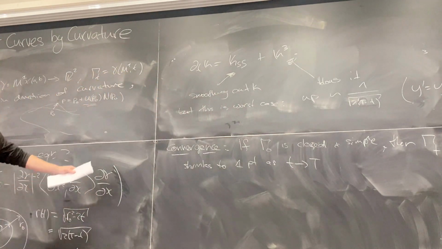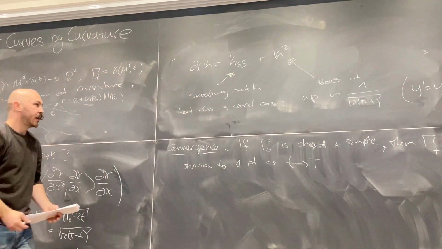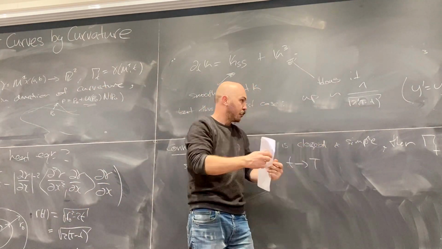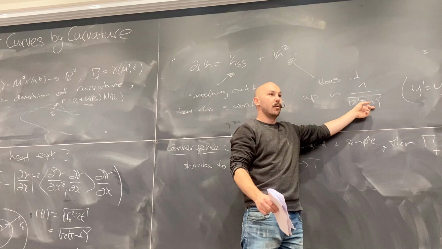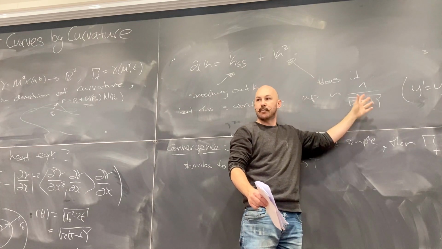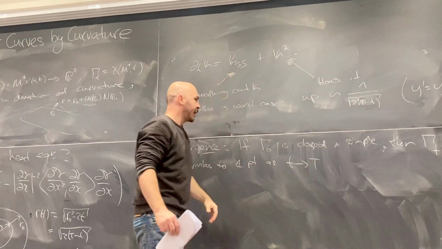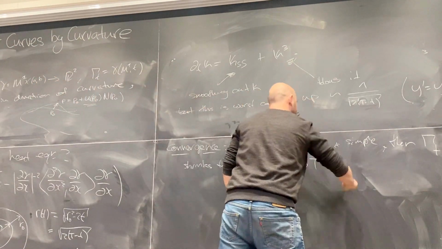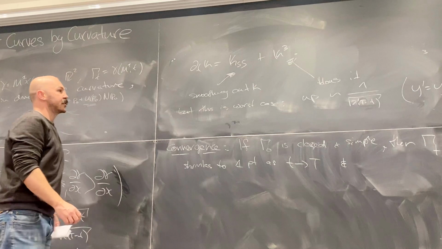And in fact, much more is true. As it converges to that point, you rescale by this blow-up rate. Okay, so as it's shrinking to a point, you just normalize it so that the curvature stays approximately 1. And you see that diffusion actually wins out in the end. Okay? So diffusion actually has the last laugh.